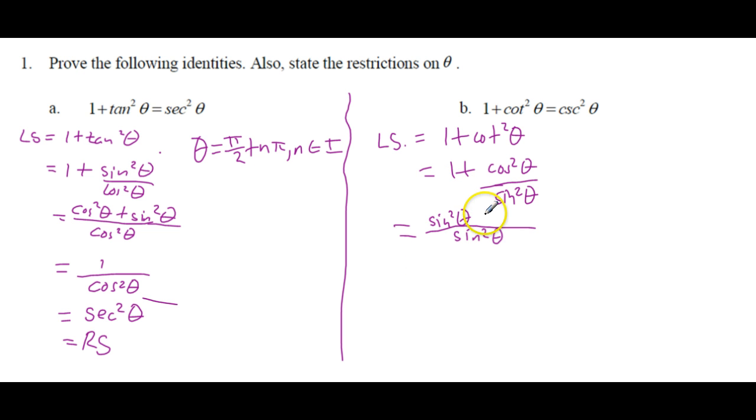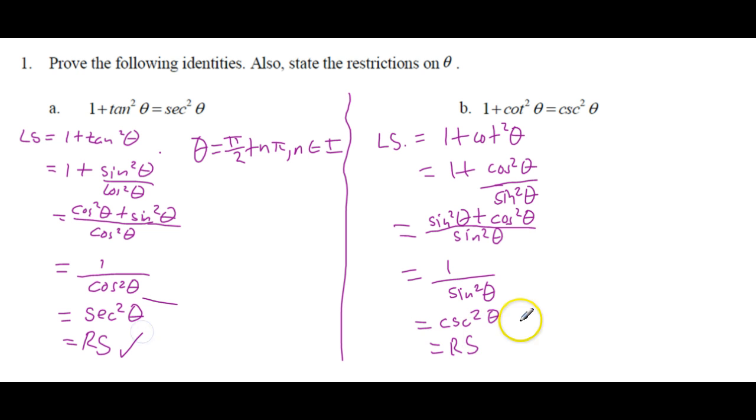Right? What's this? It's 1. Forget this. What's this? It's cos squared over sine squared. So if you cover this up, you're just left with that. So it's good. Cos squared plus sine squared, or sine squared plus cos squared, is 1. 1 over sine squared theta is cosecant squared theta, which is equal to the right side.